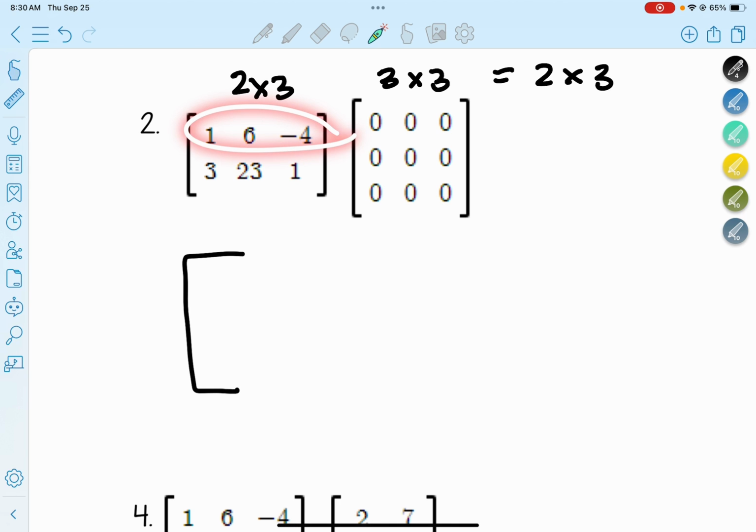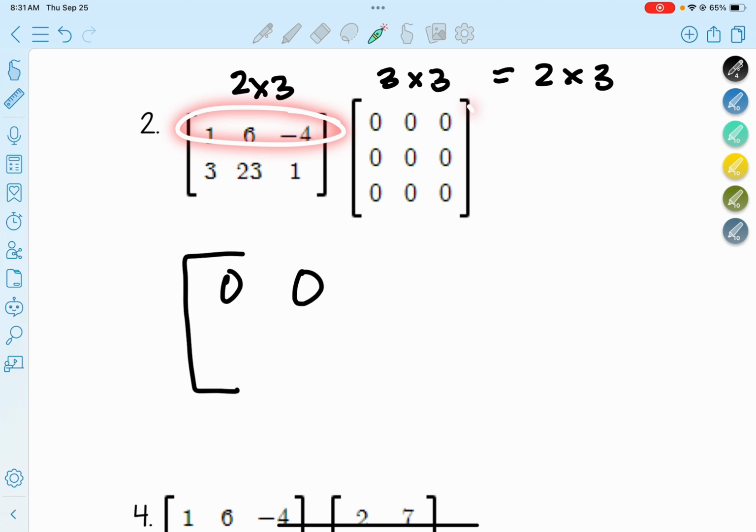If I look, I go first row times first column. 1 times 0 is 0, 6 times 0 is 0, 4 times 0 is 0. Then I go first row, second column, 1 times 6, 0, 6 times 0, 0, negative 4 times 0 is also 0, so they add up to be 0.